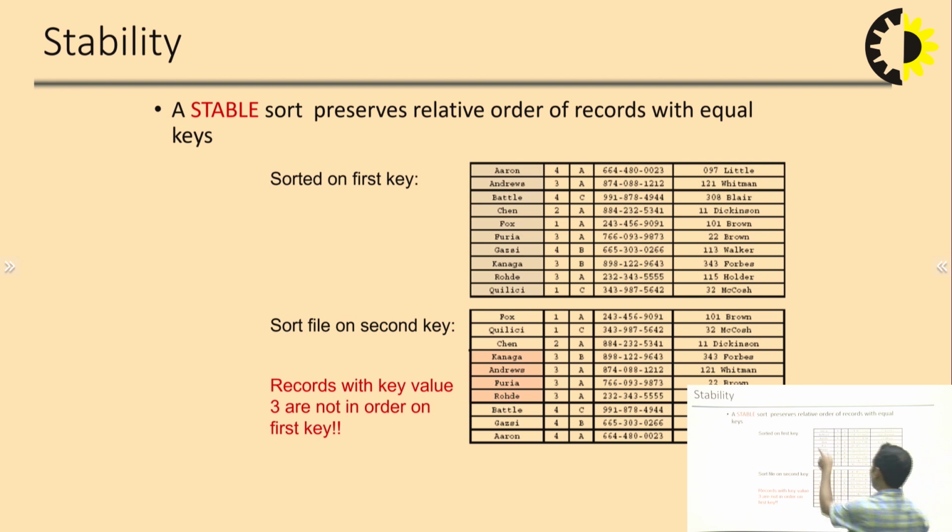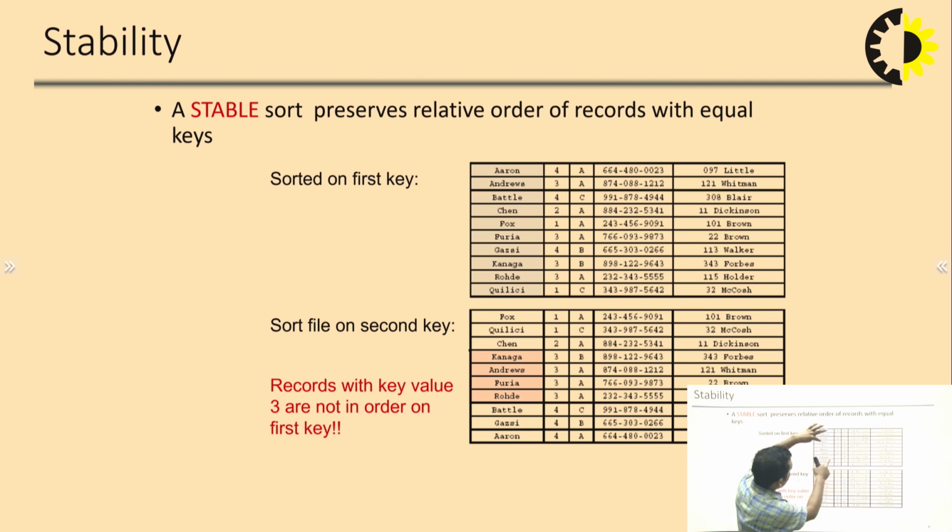Now these are records, and if we sort our data according to the second field, that is the quantity, and after sorting we get the data here, such as 1 1 2 3 3 3 4 4 4. Just take the example of 3. The first 3 is Kenaga. Where is Kenaga here? This one.